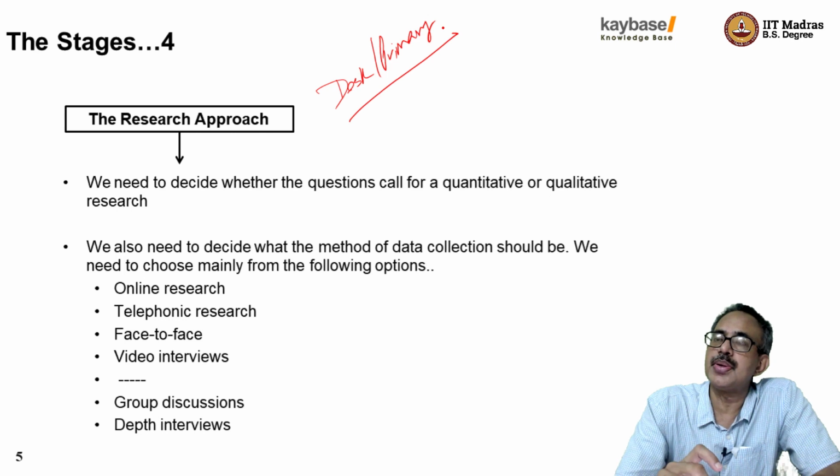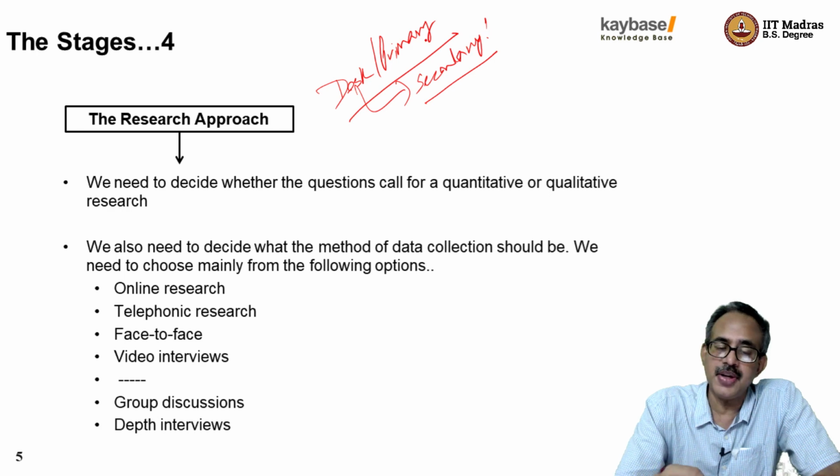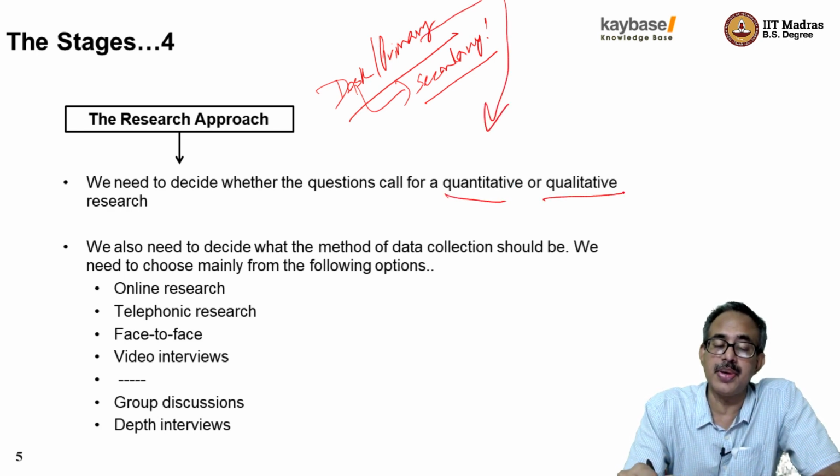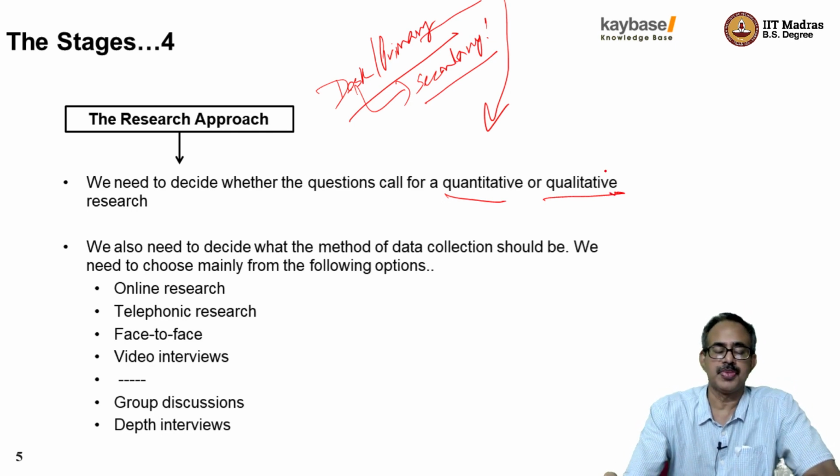In the last class, you talked about another word for desk research. What is that? Another name for desk research? Secondary. Excellent. So, can I do secondary research or do I need primary research? If I need primary research, do I need to do quantitative research or qualitative research? These are terms which you're not familiar with, but we'll come to that, right?